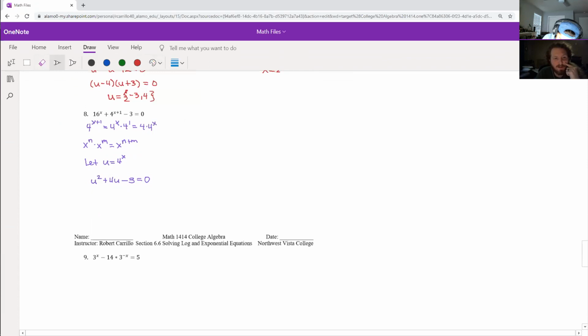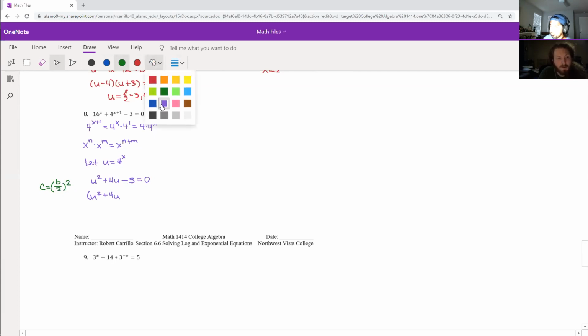You have to complete the square, or you could always use that gross, nasty quadratic formula. So let's complete our square, and we'll do it in place. This is U squared plus 4u. Remember, my C term will be equal to b divided by 2, squared.